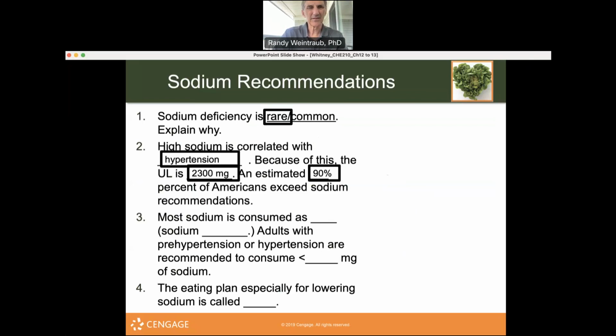Most Americans exceed those recommendations. By the way, 2,300 milligrams is about a teaspoon. Sodium is mainly consumed as table salt, sodium chloride. Adults with prehypertension or hypertension are recommended to have a lower intake, around 1,500 milligrams.